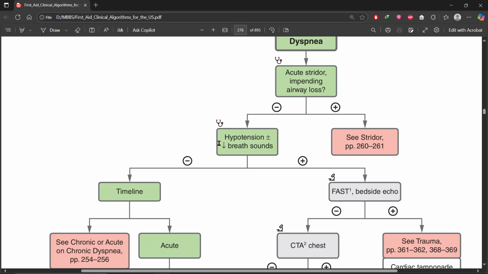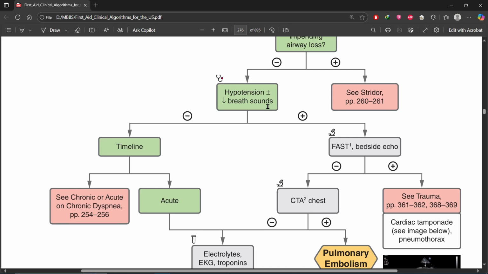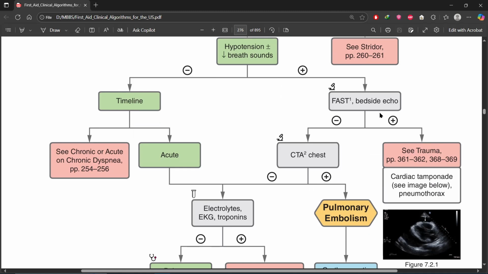But if that is not present, then we have to look at the presence of hypotension or decreased breath sounds. So if hypotension and decreased breath sounds are present, then we go towards the pathway of the bedside echo or doing the FAST exam. Both of them are types of imaging.